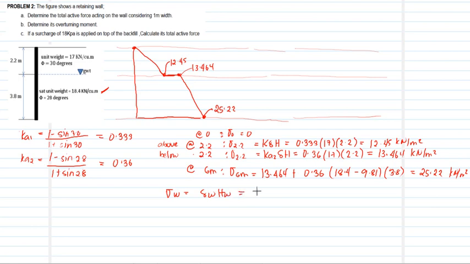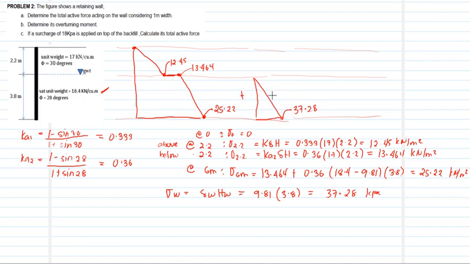So, this is equal to 9.81 multiplied by 3.8 that is equal to 37.28 kPa. So, magkakaroon tayo ng water which is equal to 37.28. So, this is the pressure due to the water. This is due to the soil. This is due to the water.